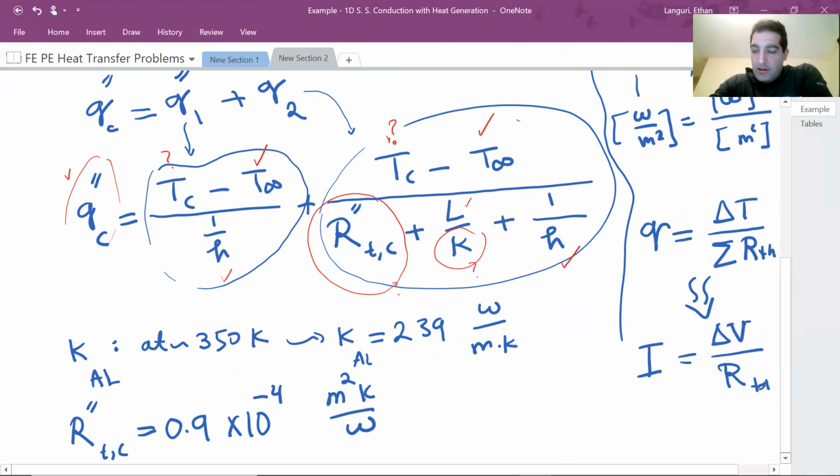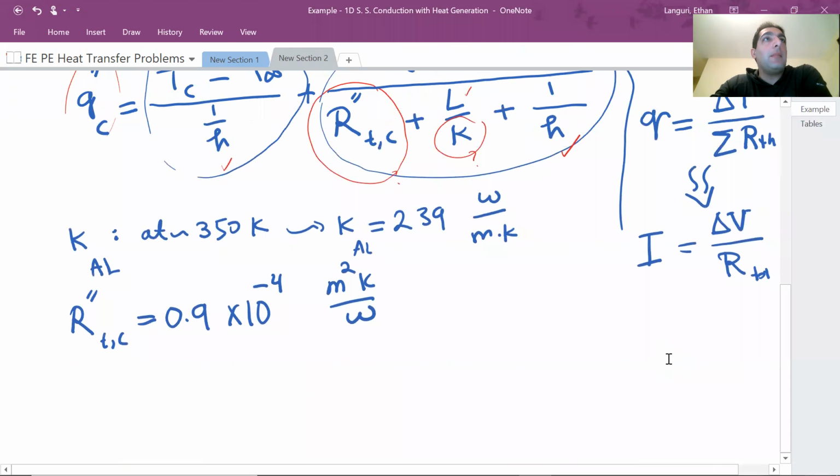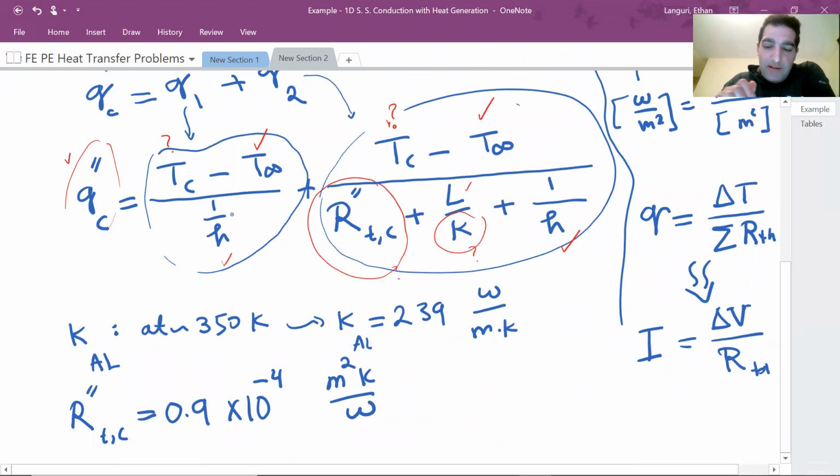So now that I have all my terms, let's go ahead and formulate what we have. Again, I'm looking for TC. I have everything else in this equation. How about I separate TC and isolate it, put it on the left-hand side, everything on the right-hand side.